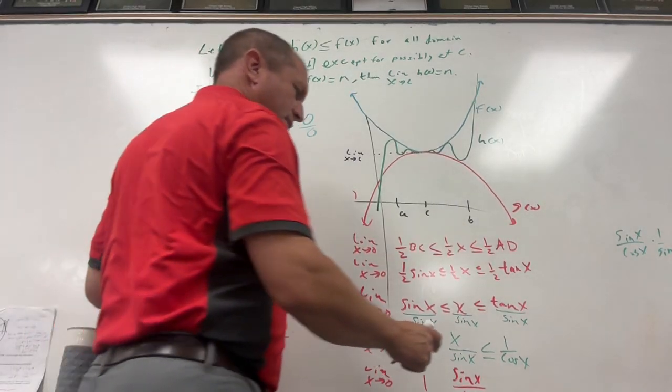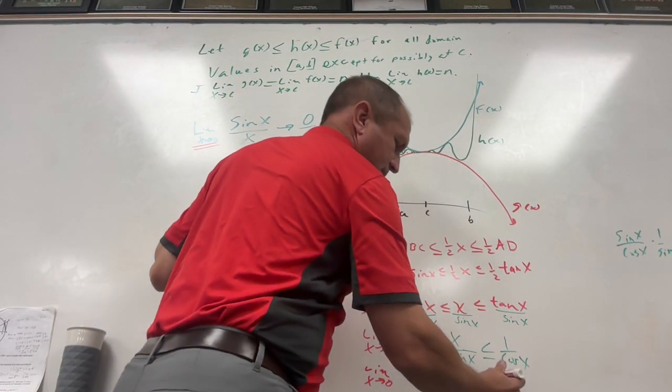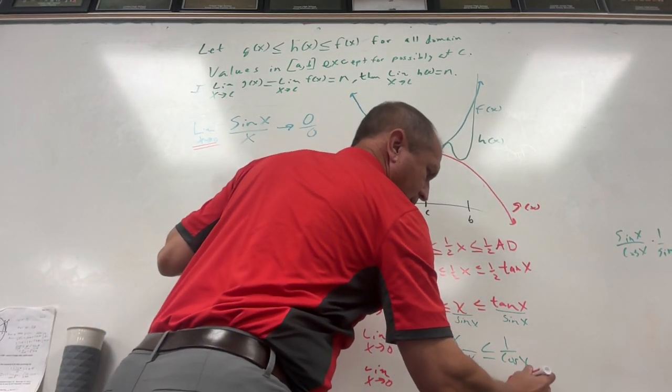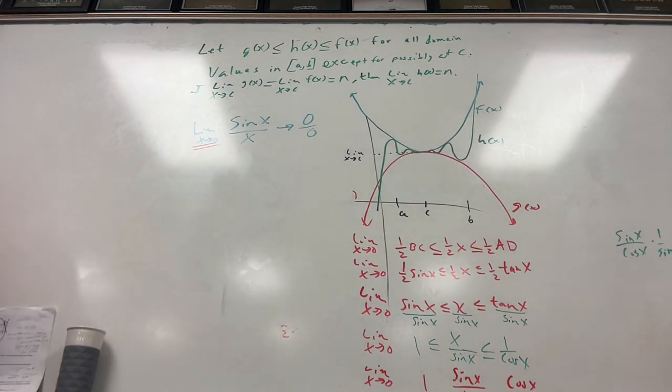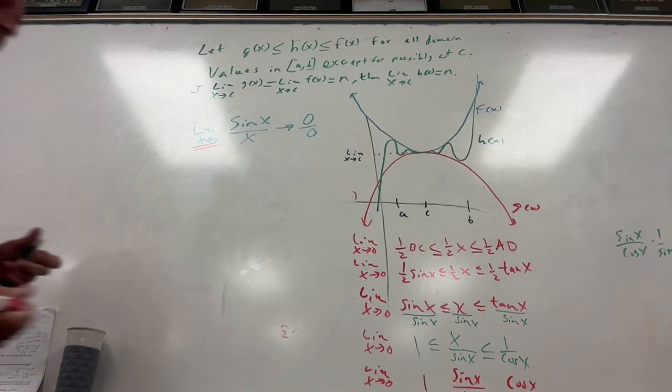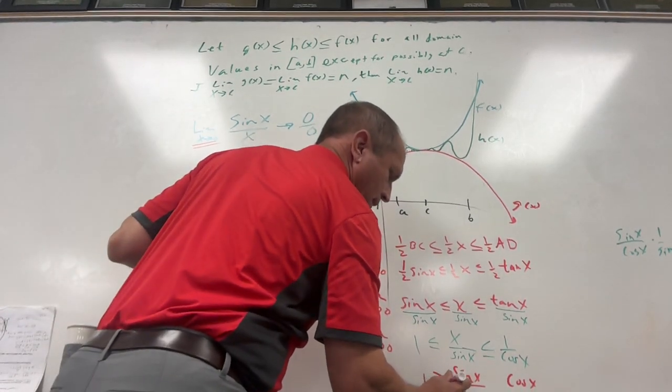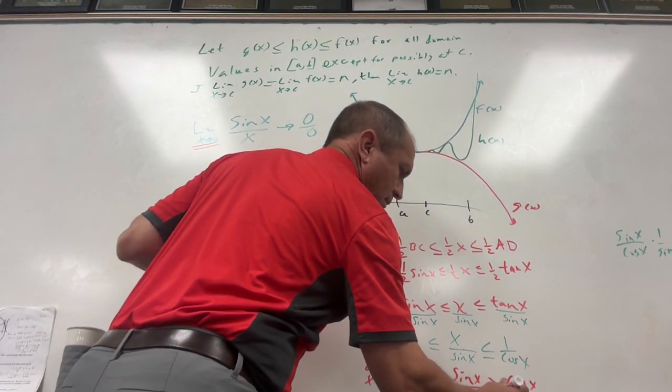Okay. And what is the reciprocal of 1 over cosine of x? Cosine of x. Now, when you're doing reciprocals in inequalities, what do you do? You have to flip the inequality around too. So now this becomes greater than or equal to, greater than or equal to.